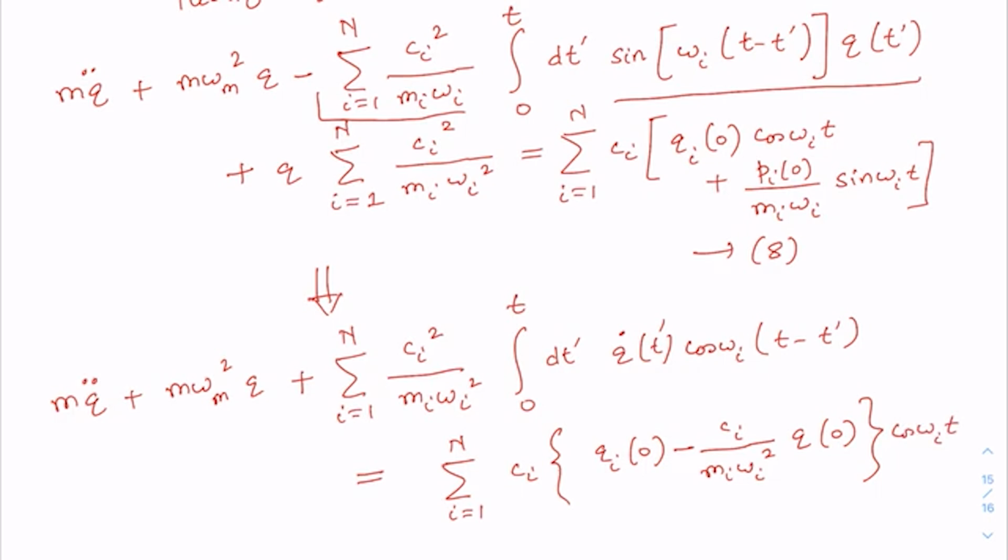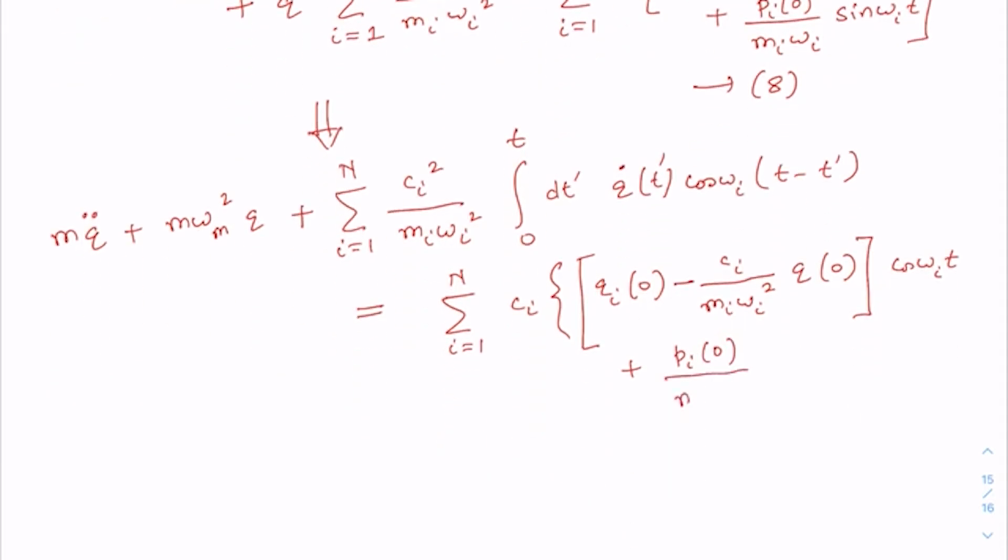Okay, and we'll also have this term, plus pi of 0 by mi omega i sine omega i t. Okay, I'm doing things in pretty great detail, but eventually we will simplify it further just by using some notation.